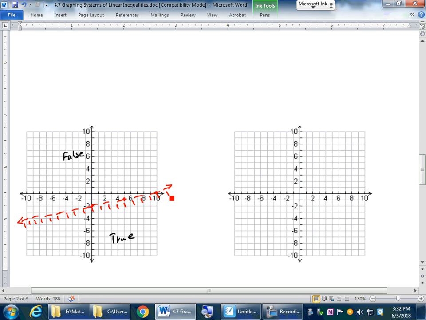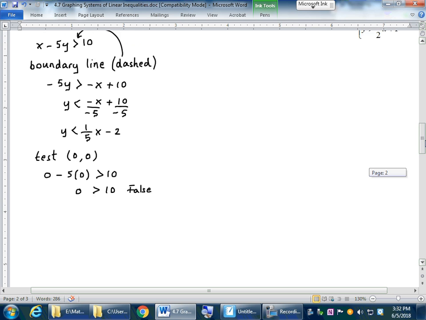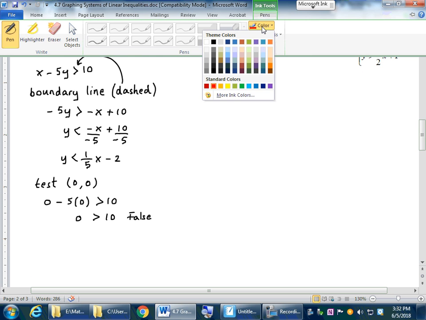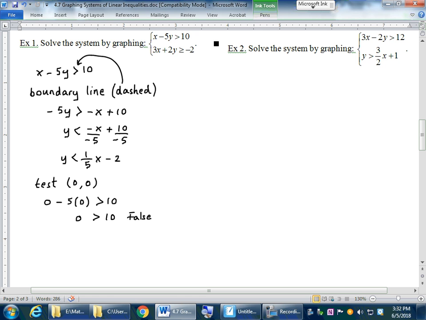Okay. Now you're going to do the same process again for the second inequality. So the second inequality is 3x plus 2y is greater than or equal to -2.